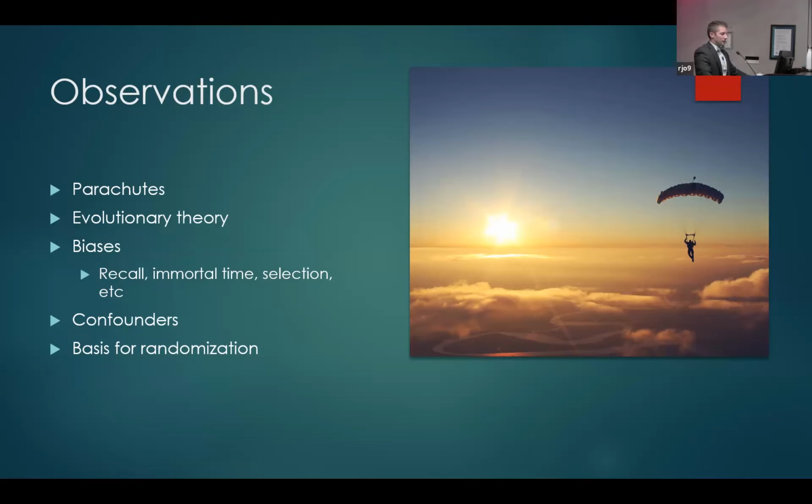But science today in biomedicine is quite a bit different than that, because it's not so easy to know, if you take this pill every day, are you going to see an effect in 1 year, 2 years, 5 years? And how do you study that? We're also, when you just observe the world and ask questions, very prone to bias, especially when you look retrospectively. We're going to talk a little bit about different biases today, but there's recall bias, something called immortal time bias, selection bias, Hawthorne effect, et cetera.